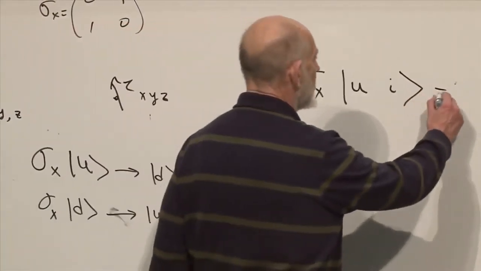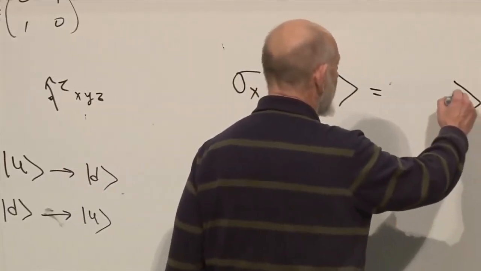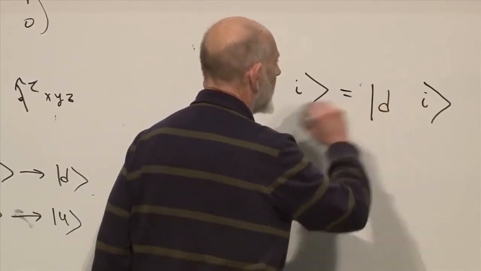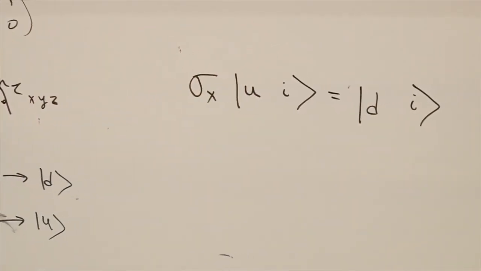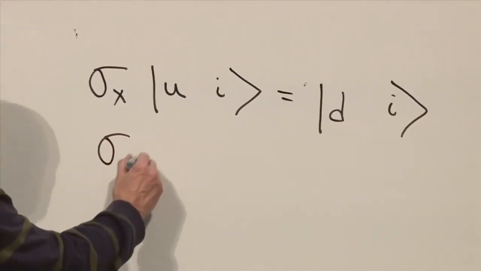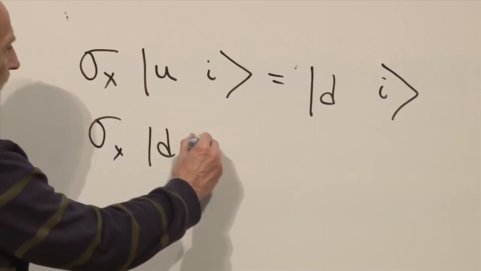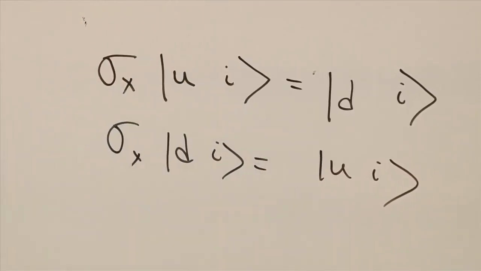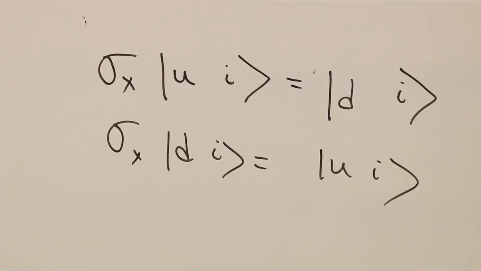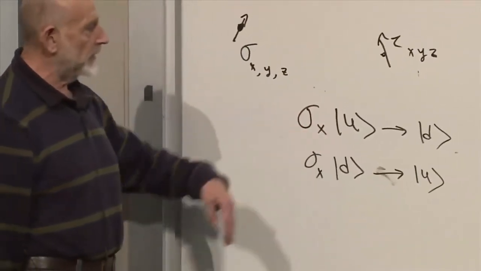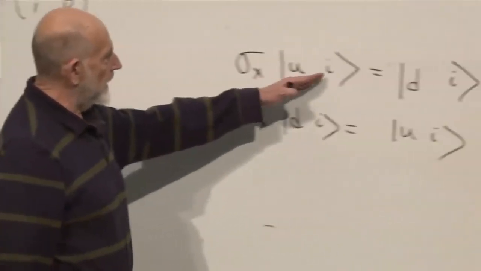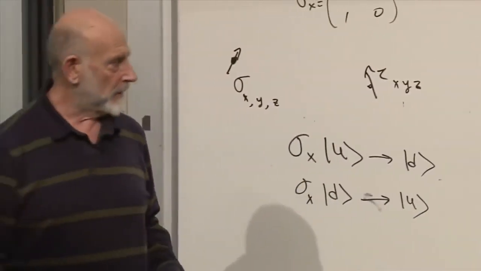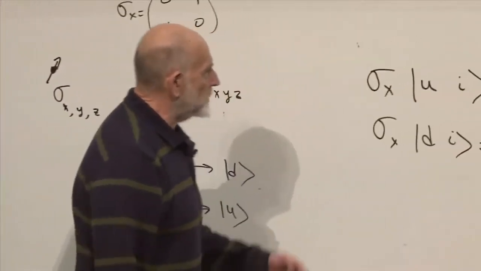In other words, it doesn't even notice the second index, it leaves it the same, but it does whatever it should do on the first entry. Likewise, sigma x on down I equals up I. You just take what it did for the single spin space, and you think of the other index as a kind of spectator that just goes along for the ride. Doesn't do anything.